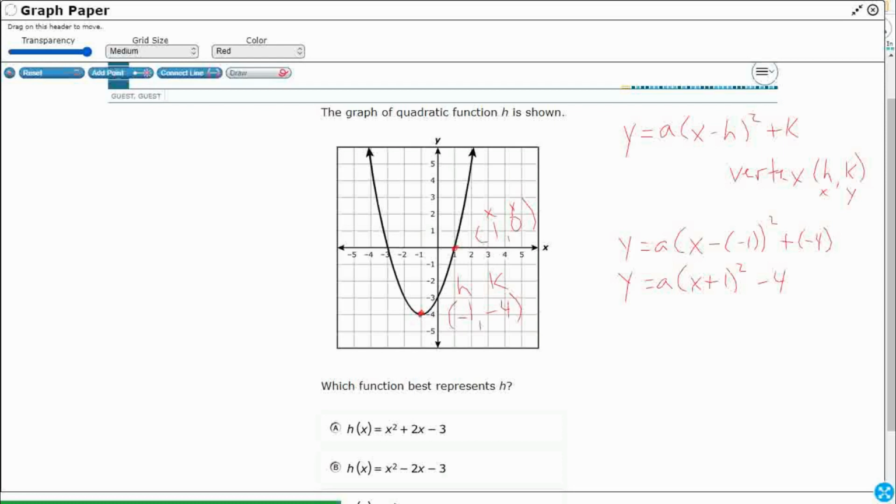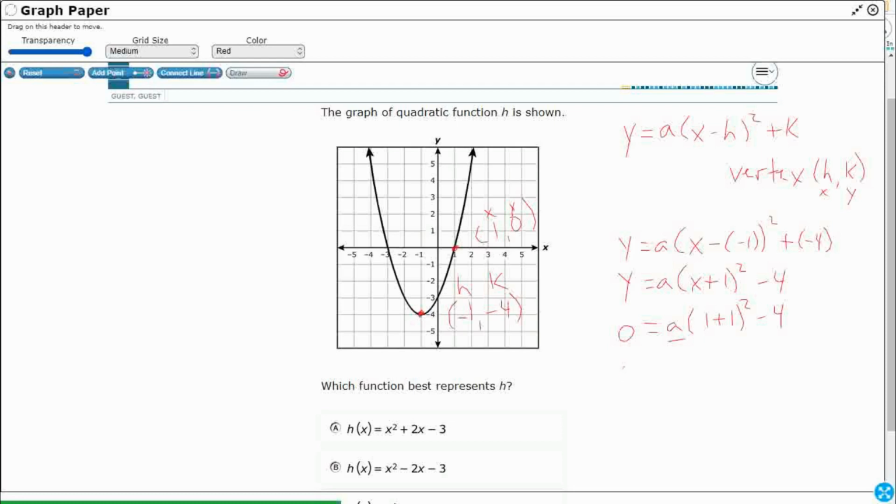So I'm going to substitute those in. My y is 0 equals a, my x is 1, so 1 plus 1 squared minus 4. Now I've boiled it down to only one unknown. That's the thing I need. If I can figure out the a, I can use that to figure out everything else.